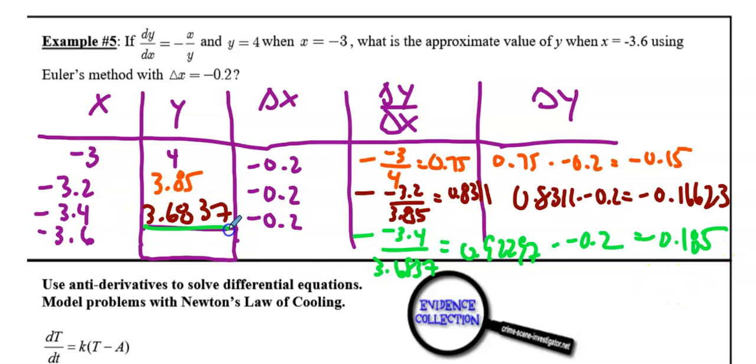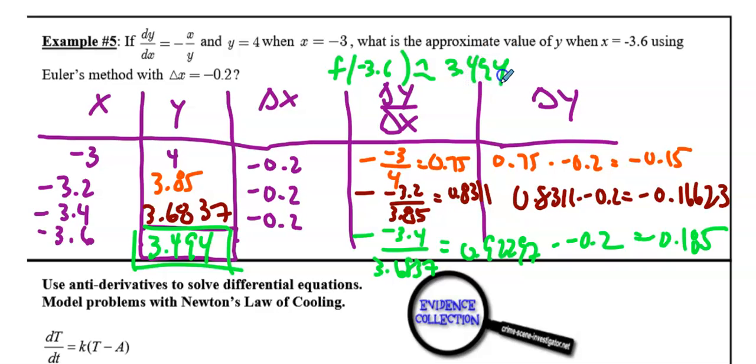Then we subtract that value from our y, and we get an answer of 3.494. And that is our final answer. So f of negative 3.6 is approximately equal to 3.494. This is the value of our differential equation at negative 3.6, given this initial condition.